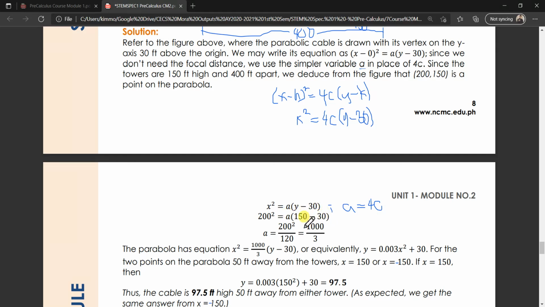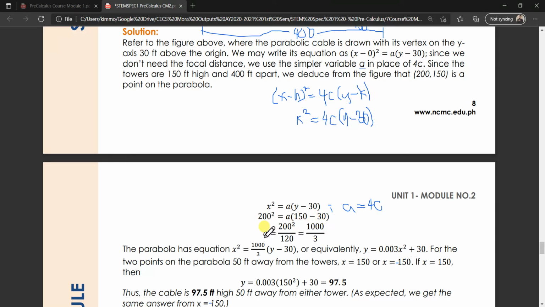So i-divide nato nig 120 both side sa atong equation, then we have A is equal to 200 squared over 120. So again, 120 is 150 minus 30. After that, 200 squared is equal to 40,000. So 40,000 divided by 120 is equal to 1,000 divided by 3 or 1,000 over 3.